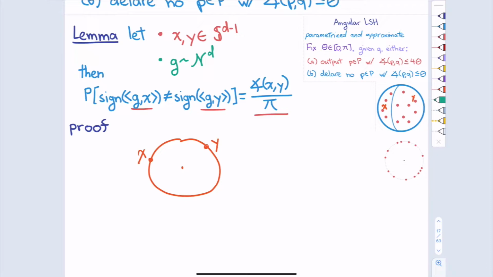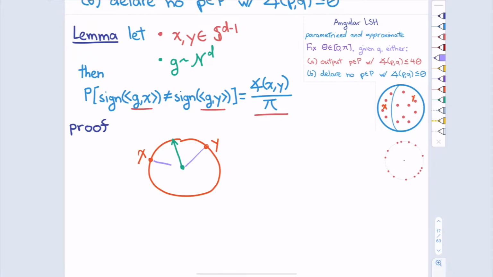Now, we know that the Gaussian basically is going to make some angle, and it can be any angle uniformly at random. It's completely symmetric. So let's say I pick this angle here, something between them. Let me draw some lines.